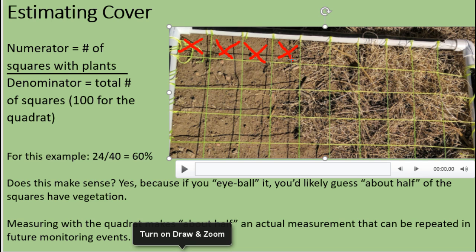Now this is a square where we might have dead vegetation, but not any vegetation touching the ground. But here we have vegetation in the ground. Here, here, here, here.